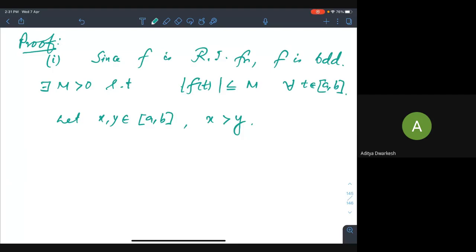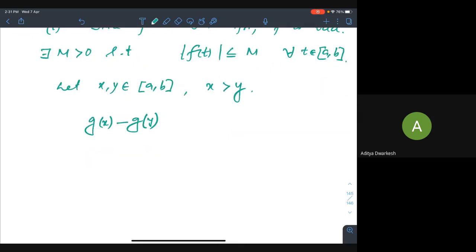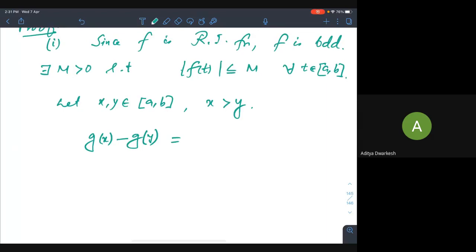So take two points x and y, and now you write G(x) minus G(y). This part is important: either y greater than x or x greater than y, anything will hold. So without loss of generality, one can assume this. G(x) is the integral from a to x of f(t) dt, minus the integral from a to y of f(t) dt.